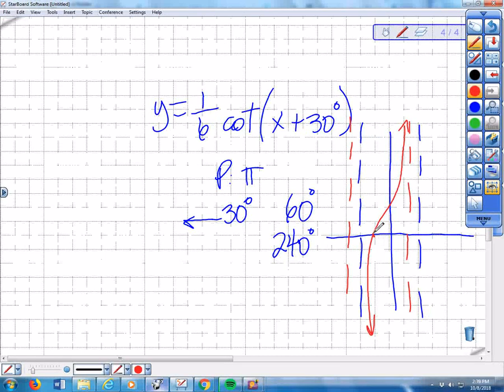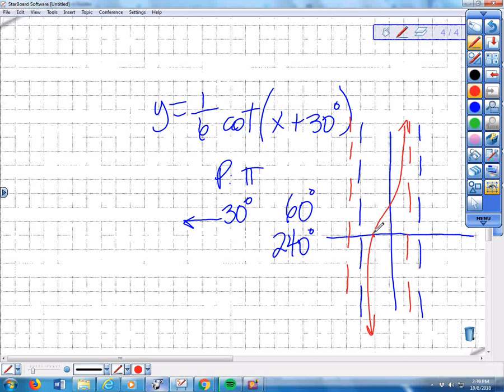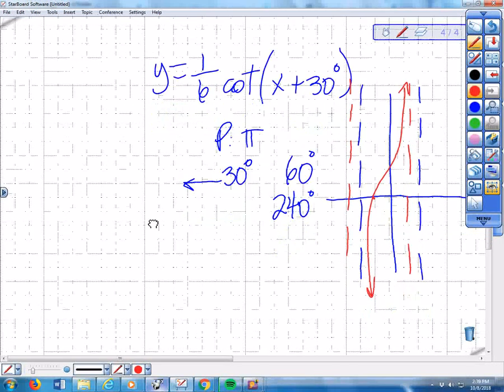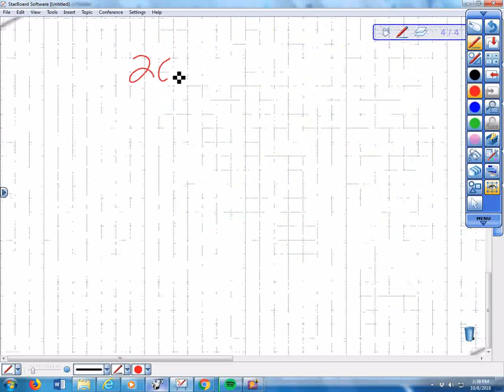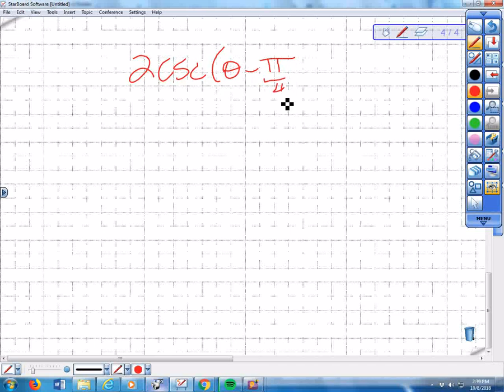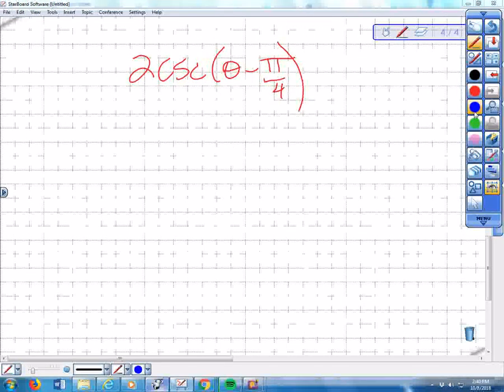Okay. And the last one is another that just says graph 2 cosecant theta minus pi over 4. Well, which one should I graph, sine or cosine?